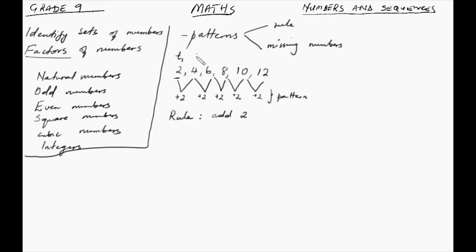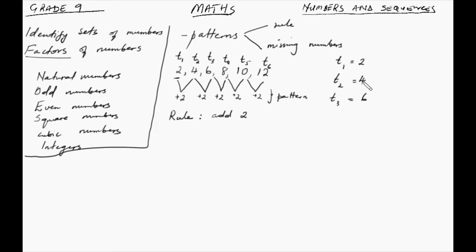This is the second term, and the third term, the fourth term, the fifth term, the sixth term. Otherwise, we will say the first term of this sequence is 2. The second term is equal to 4. The third term is equal to 6, and so on.